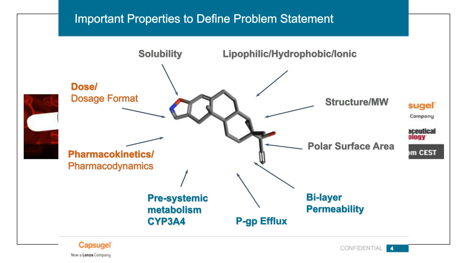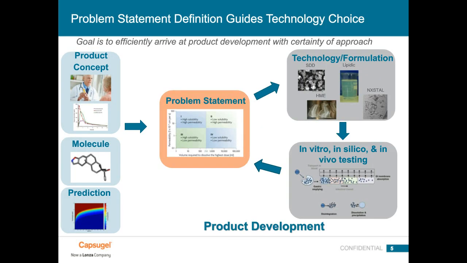So when we take those molecular properties, we need to combine them with a product concept, typically given to us by a client. Things like, is it going to be a solid or a liquid dosage form? Is the product going to be taken once a day or twice a day? How many units are okay to be taken by the patient, and what is the size of the tablet or capsule being taken?